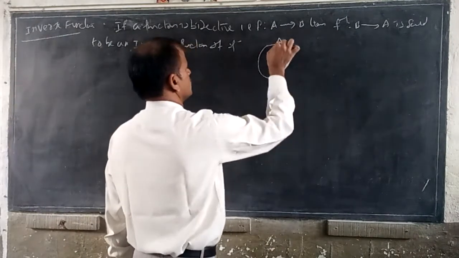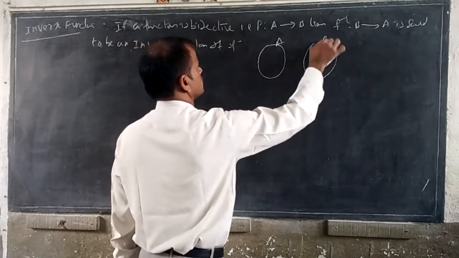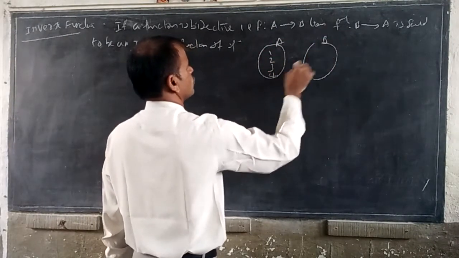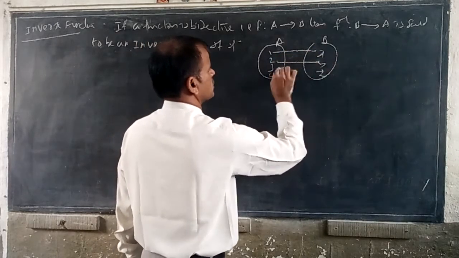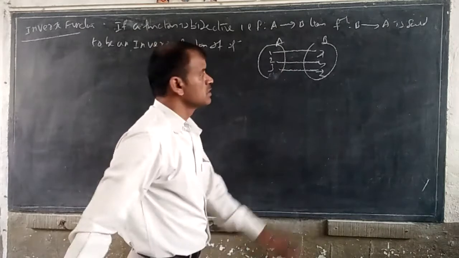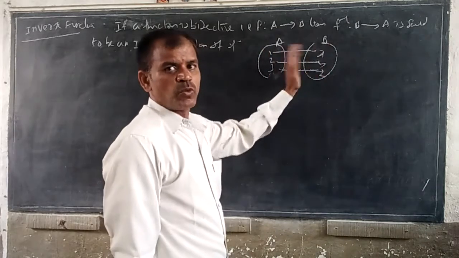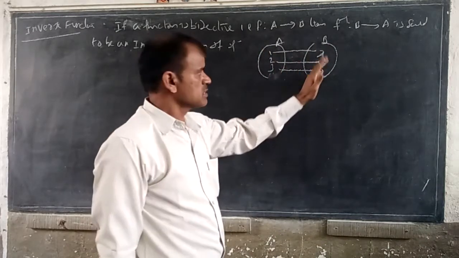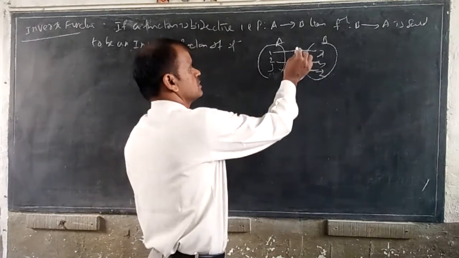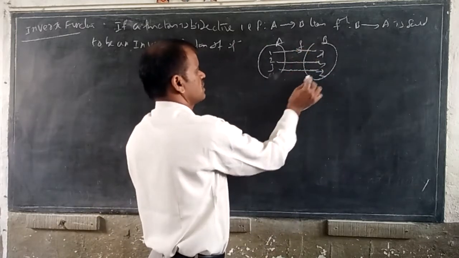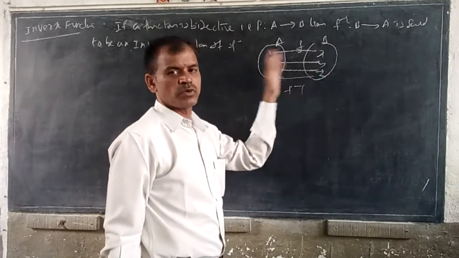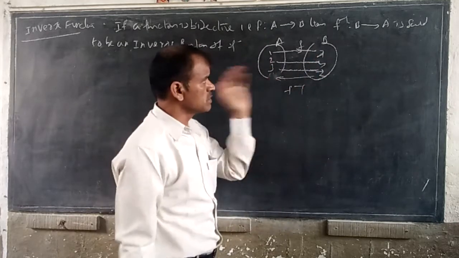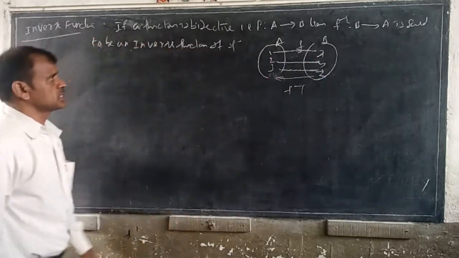Example, it should follow the bijective rule. Take 1, 2, 3 and x, y, z: 1 to x, 2 to y, 3 to z. This is f. If you put the arrow mark the other way, this is f inverse. F inverse x equals 1, f inverse y equals 2, f inverse z equals 3. It is an inverse function. This is a small example.